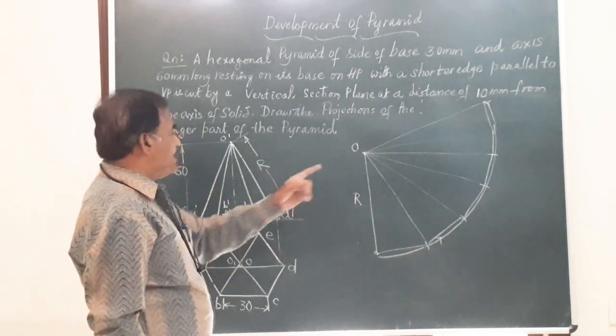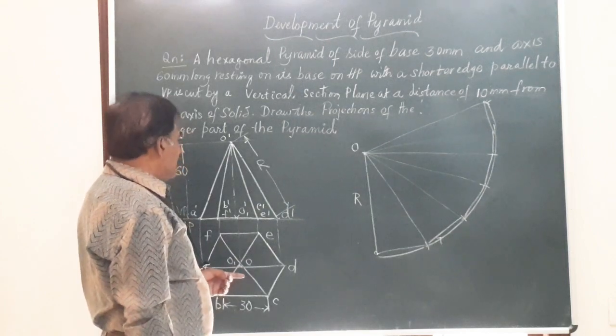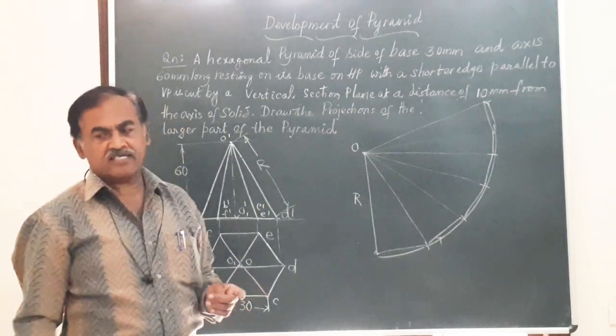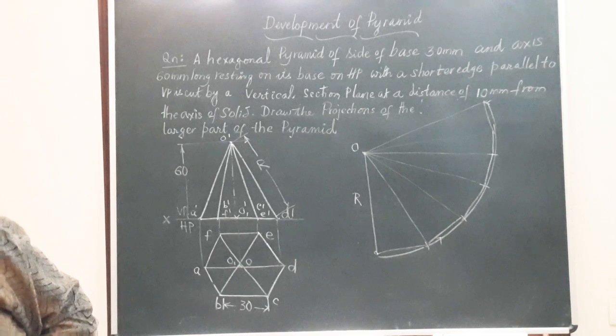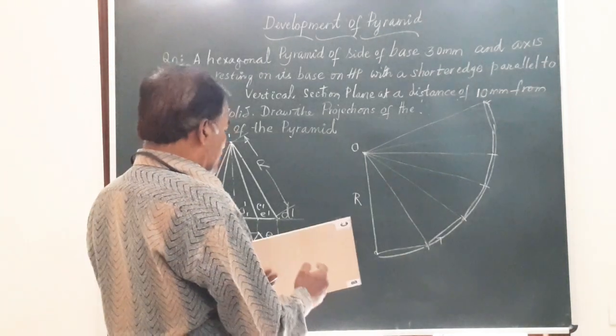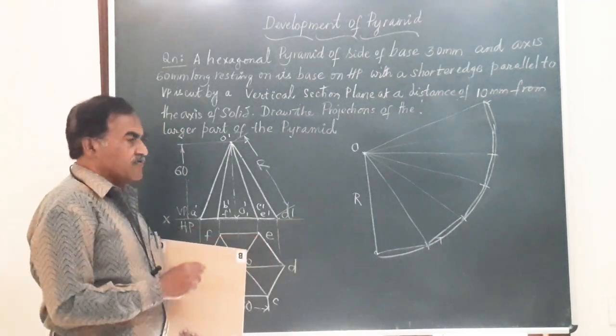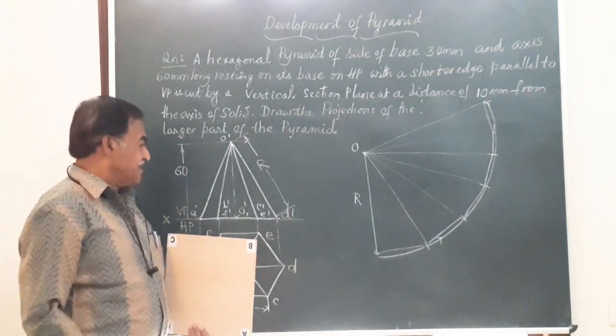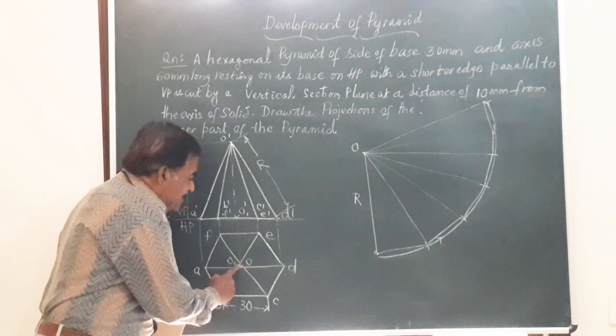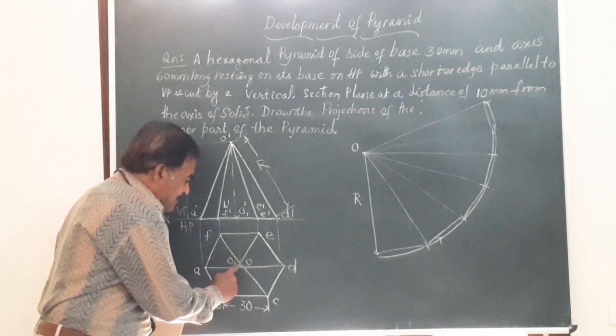Now, before marking on the development, let us see how the section plane is cutting the solid. In the question, it is given that the solid is cut by a vertical section plane at a distance of 10 millimeter from the axis. So in the top view, O is the center or the axis here.